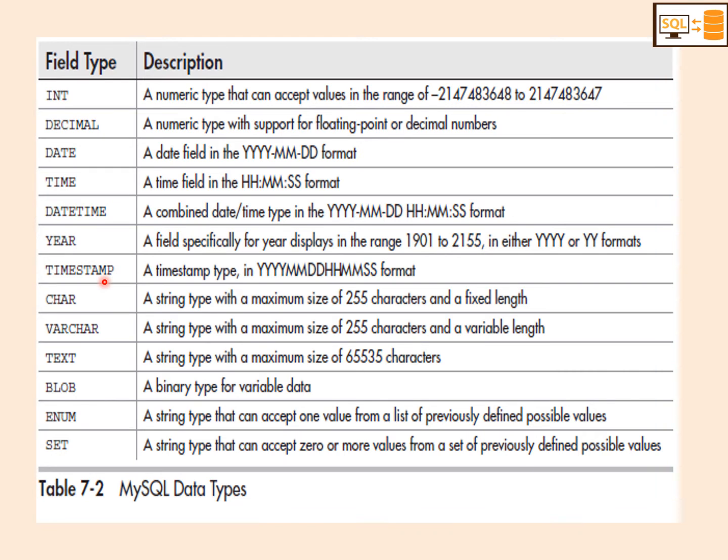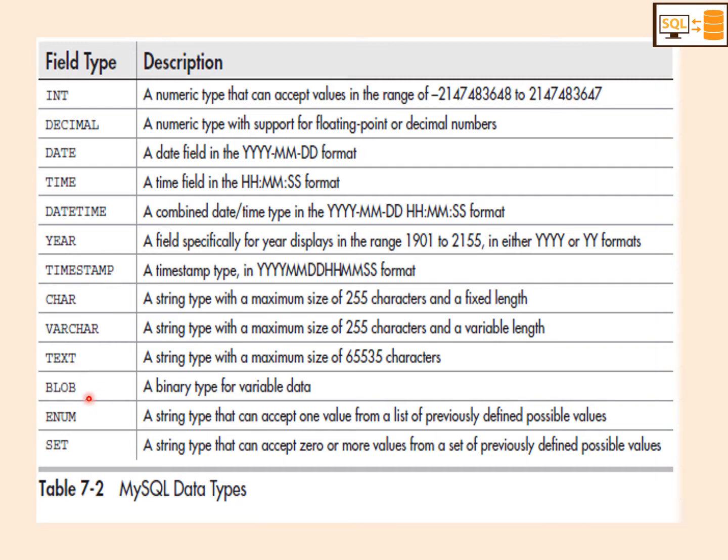Then timestamp is here, in this format: YYYYMMDDHHMMSS. Then char is used for representing a character. Then varchar is there, which is of variable length. Char is of fixed length, whereas varchar is of variable length. Then text means a string type with a maximum of 65,535 characters.